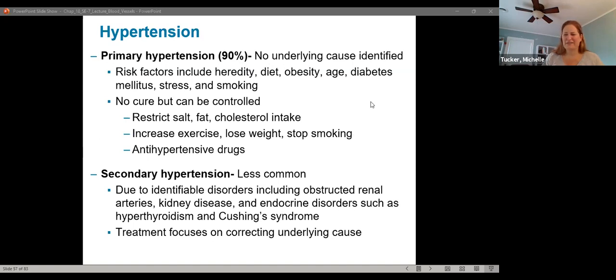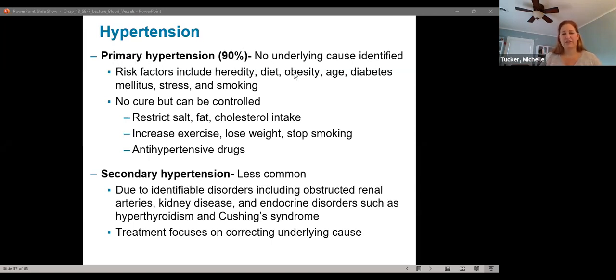Smoking is under there too, and we know that nicotine is a vasoconstrictor. So again, I'm not quite sure why we say no underlying cause. But primary hypertension is by far the most common, 90%, and it is due to what they call risk factors, which I would call causes, but no textbook will say that, so it's just me.